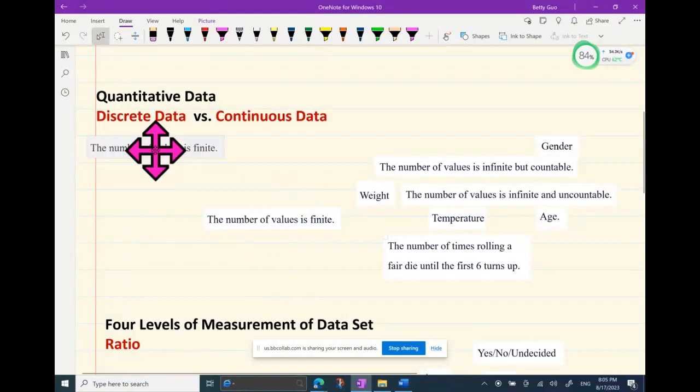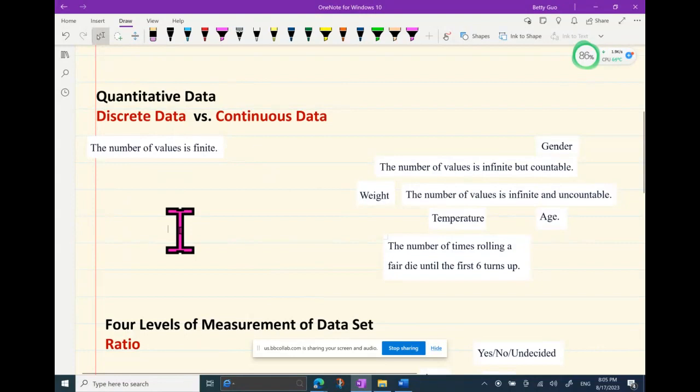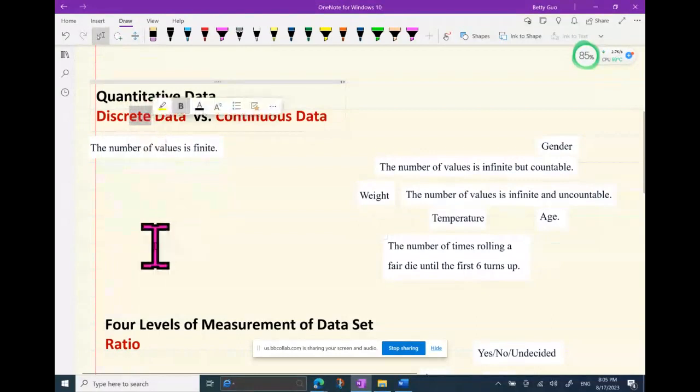So this one should go to what? Discrete. When a variable only has a finite number of possible values, then that is a discrete random variable. As you can see, in the word discrete, there's a T that separates two I's. It's separate, like jumping. They are not continuous.